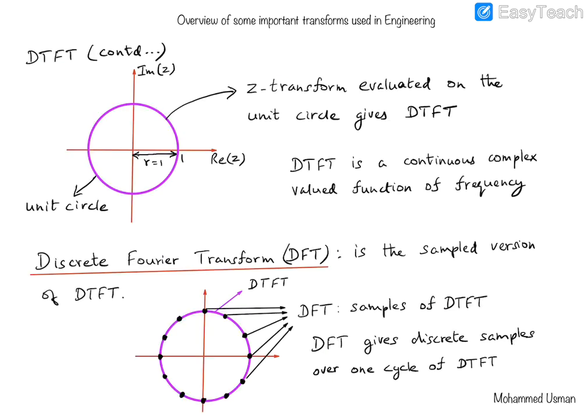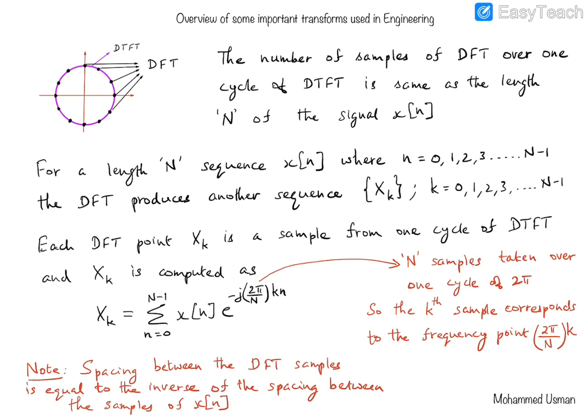And then the discrete Fourier transform is obtained by sampling the DTFT. So the DFT is nothing but the sampled version of the DTFT, taking samples of the DTFT over one cycle. And the important thing we notice is that the DFT is computed for a sequence of finite length, and therefore the DFT is the transform that can be implemented on digital hardware or a digital machine.